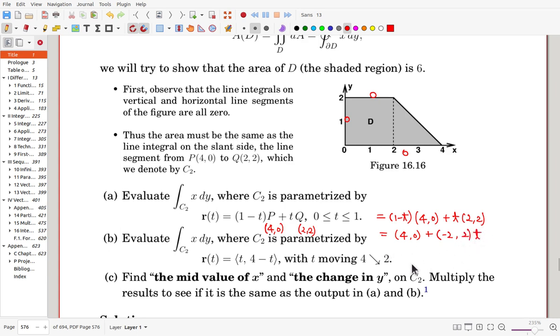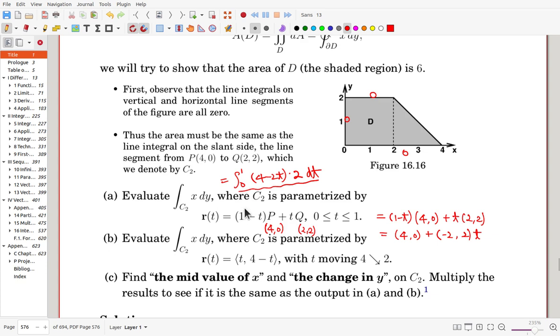So this is the parameterization, and of course t is moving from 0 to 1, so the integral goes from 0 to 1, x is now 4 minus 2t, and y is 2t, and y prime is 2 and dt. By evaluating this, you can get the solution.